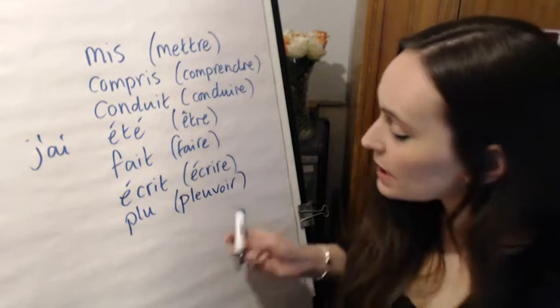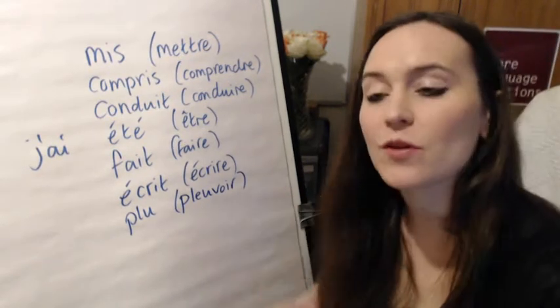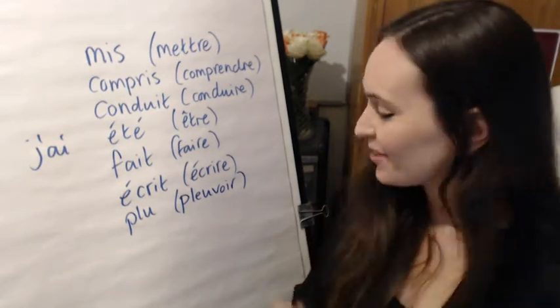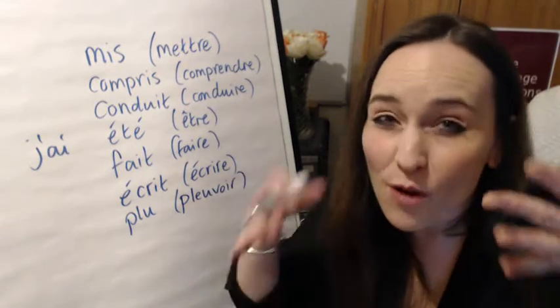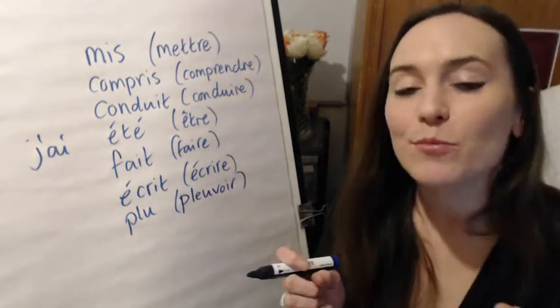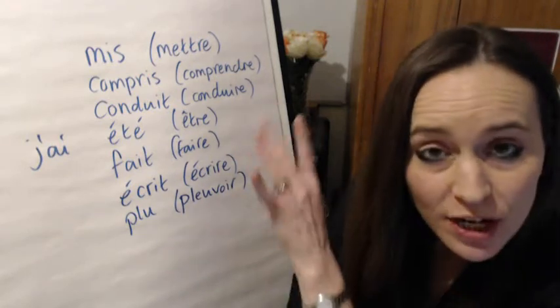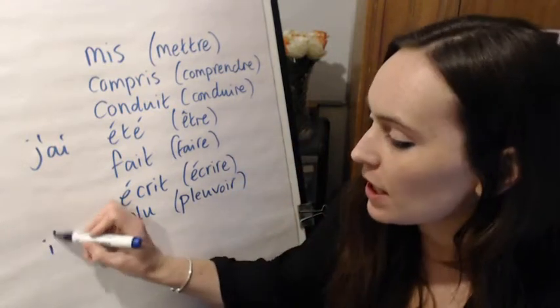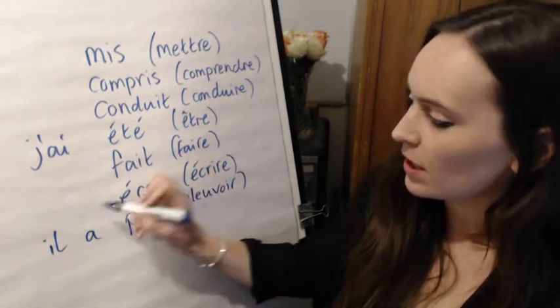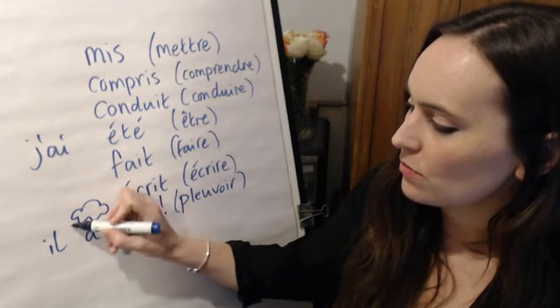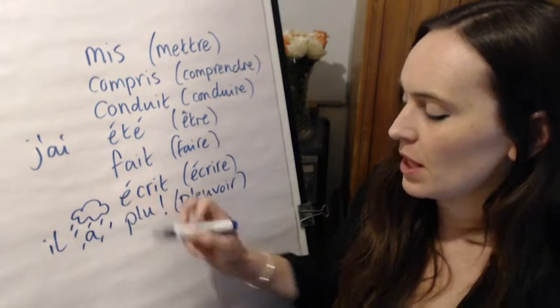This can easily be mixed up with the verb pleurer, which is very similar and has a kind of watery meaning. Pleurer is to cry, and pleuvoir is to rain. So il a plu is it rained.